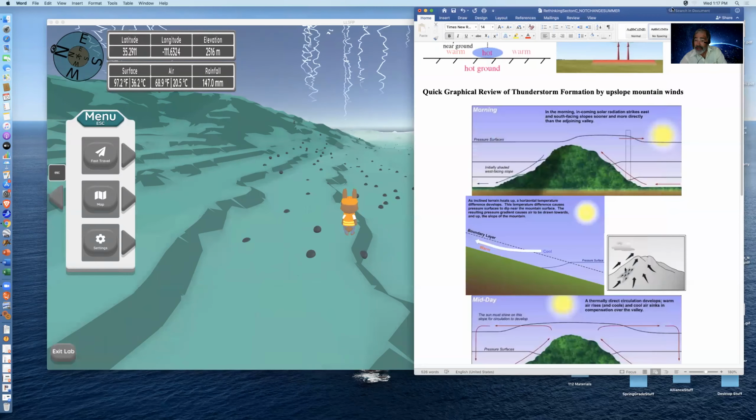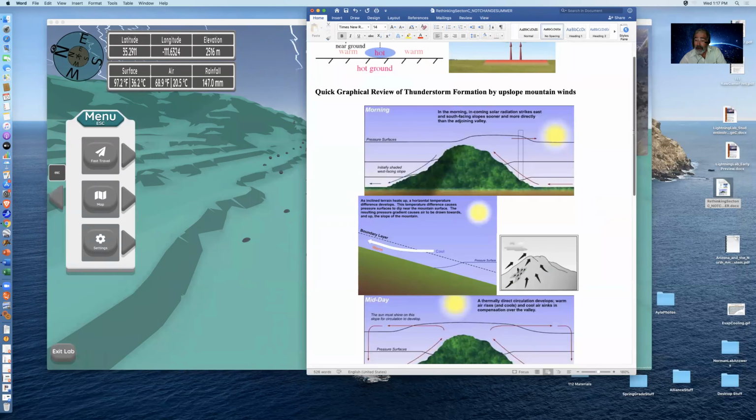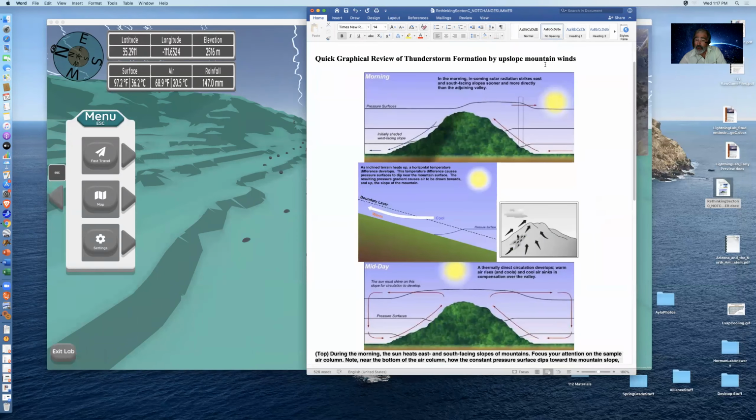In this case, the likely mechanism of the lightning strikes is called upslope mountain winds. In the morning, incoming solar radiation strikes east and southeast facing slopes sooner and more directly than the adjacent low-lying areas. And this creates a pressure surface that draws upslope winds. So the idea is, as the inclined terrain heats up, a horizontal temperature difference develops.